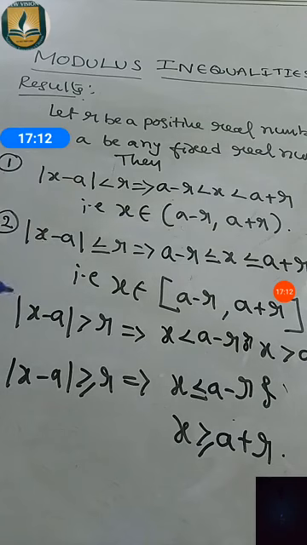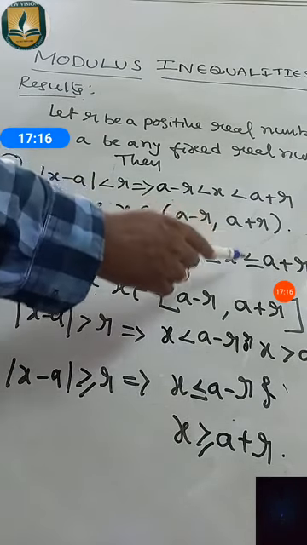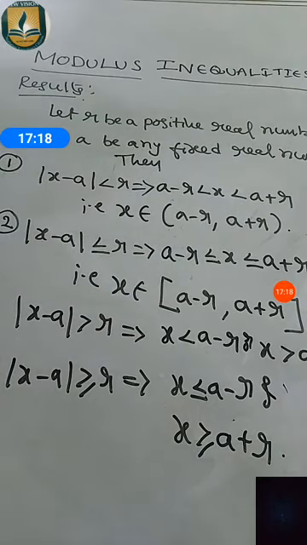That means we have A minus R less than or equal to x less than or equal to A plus R, like this.